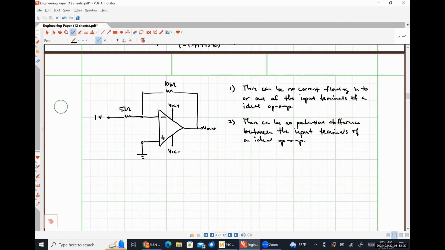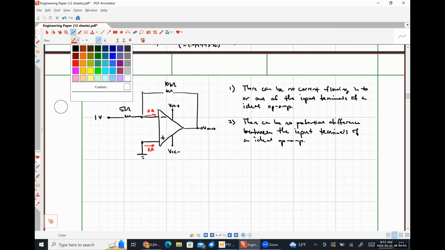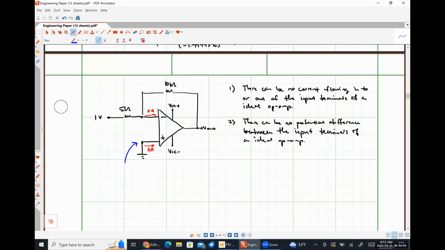So when I'm given a circuit like this, or literally any negative feedback circuit, here is my approach. First thing I do is I apply op-amp rule number 1 by simply stating explicitly there's no current flowing into the input terminals. Okay. Those currents must be 0 because of ideal op-amp rule number 1. The next thing I do is I find the voltage at my non-inverting input terminal. What is that voltage here? 0 volts.